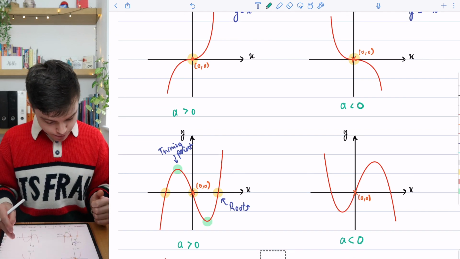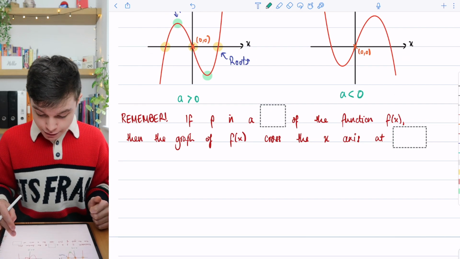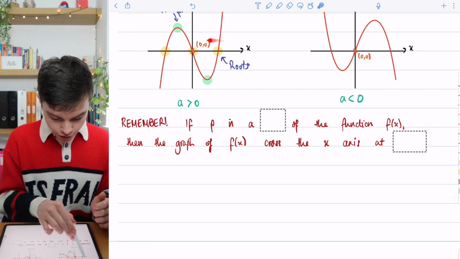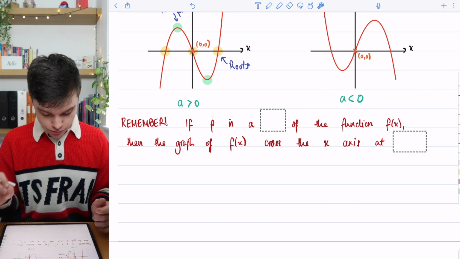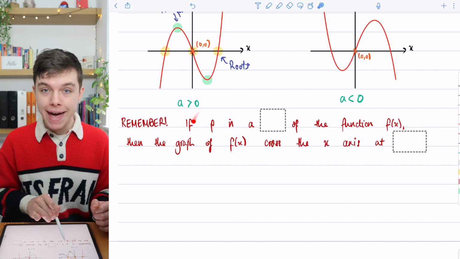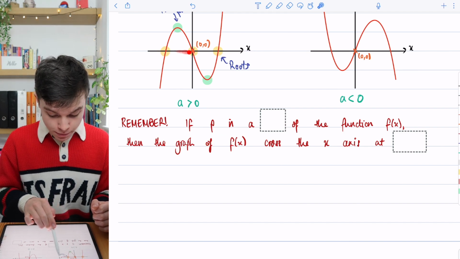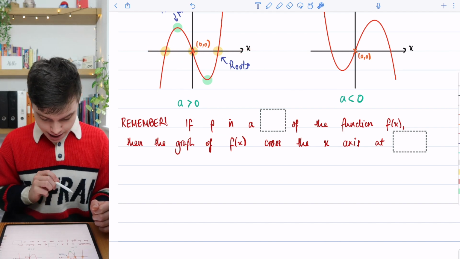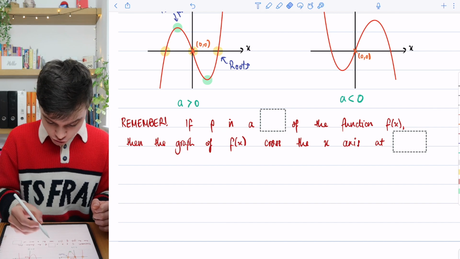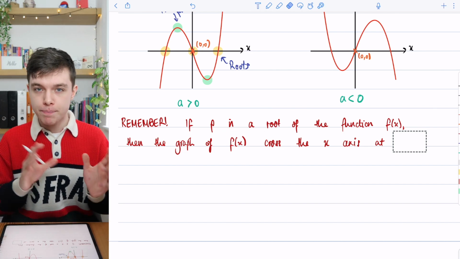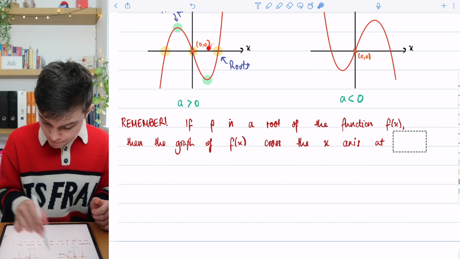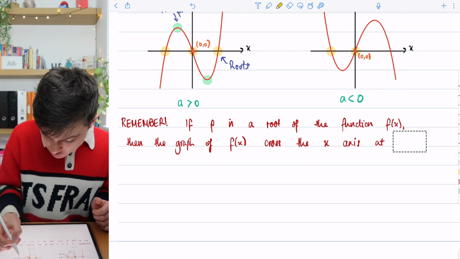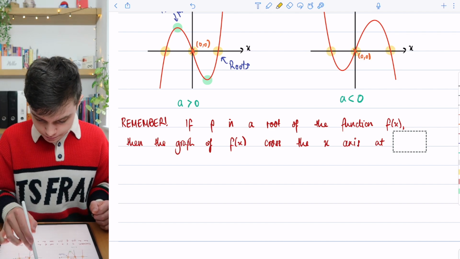Now, I want to remind you, what does a root actually mean? We had a look on the graph here, but what can we say about the coordinates of a root? Well, let's say we've got p, and p is some value on the x-axis. If p is a root, so p could be one of these 3 points here on the graph, or on the negative graph, one of those 3 points.